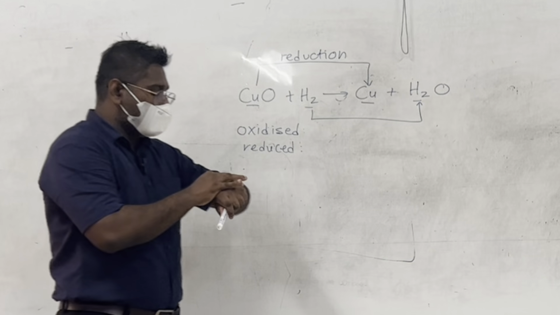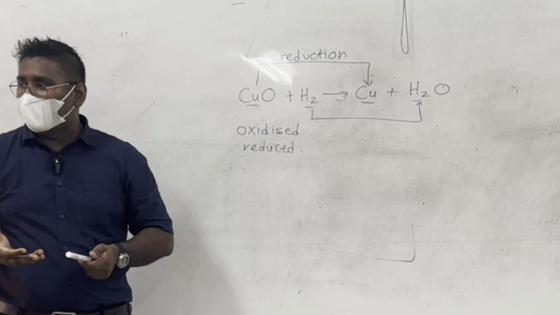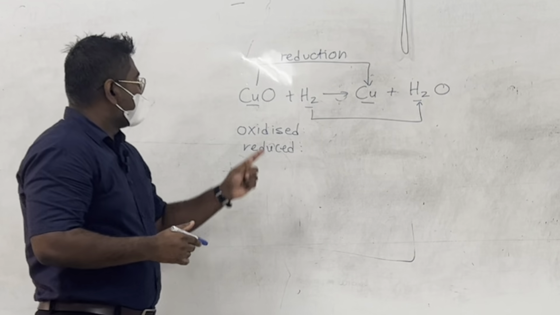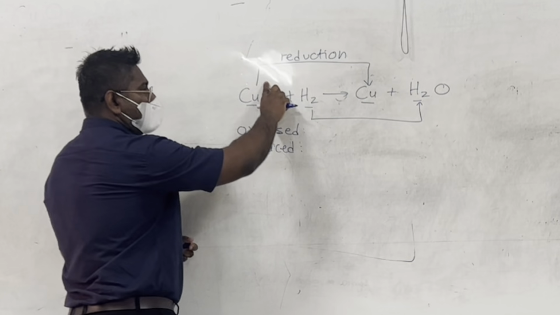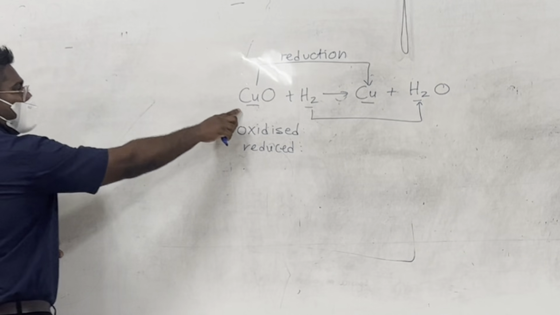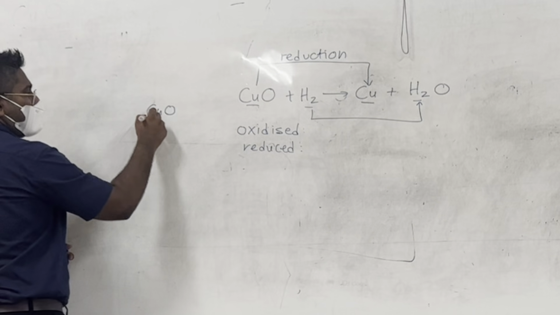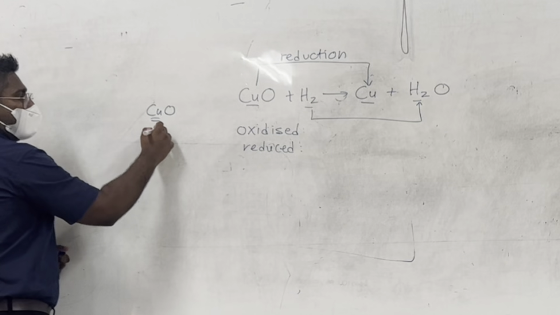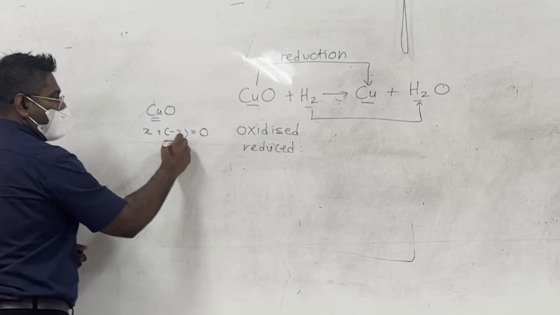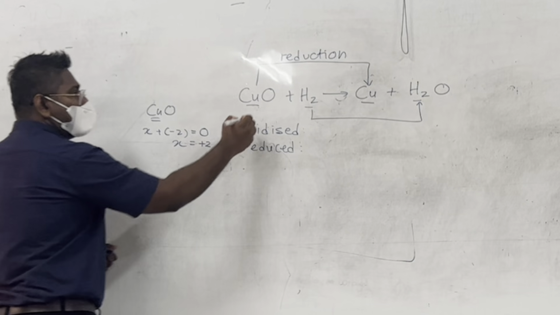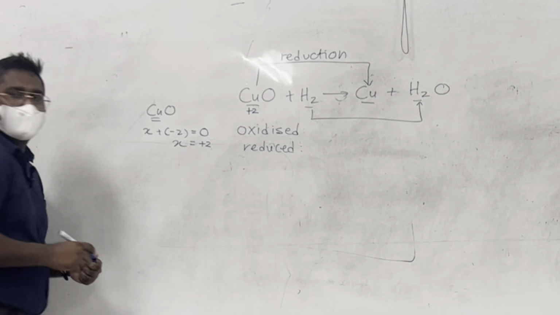What is going to be oxidized over here? We have calculated copper in CuO: copper is X, oxygen is -2, and overall is 0, so X is +2.